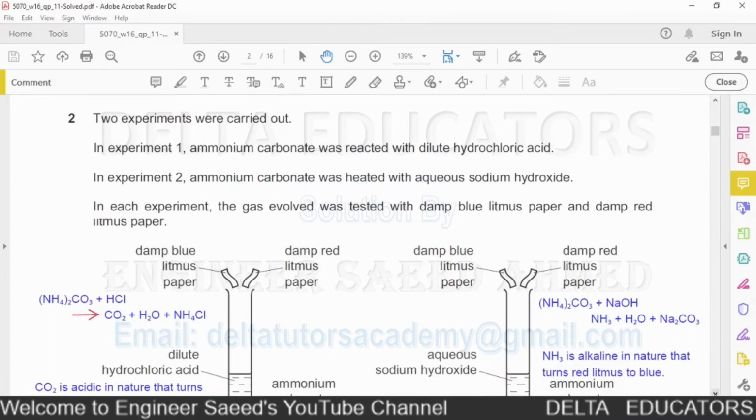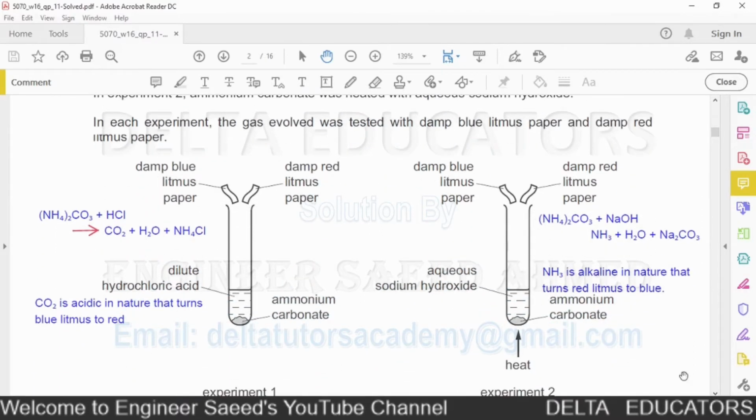Question number 2. Two experiments were carried out. In experiment 1, ammonium carbonate was reacted with dilute hydrochloric acid. In experiment 2, ammonium carbonate was heated with aqueous sodium hydroxide. In each experiment, the gas evolved was tested with damp blue litmus paper and damp red litmus paper.